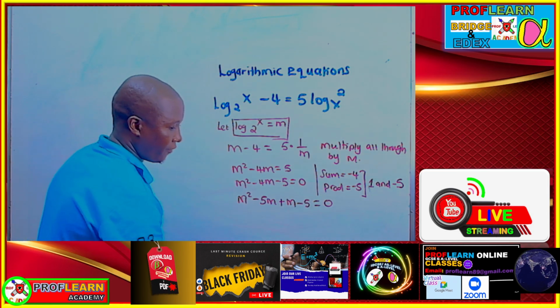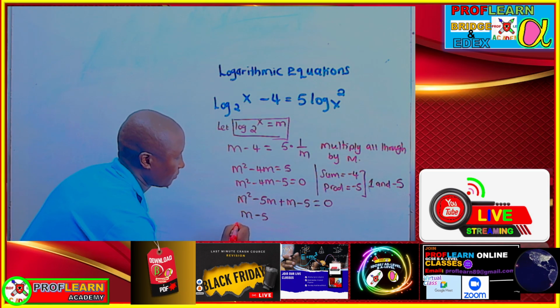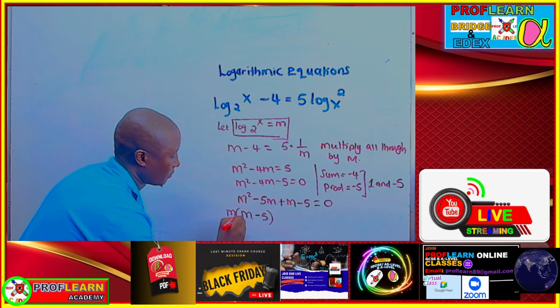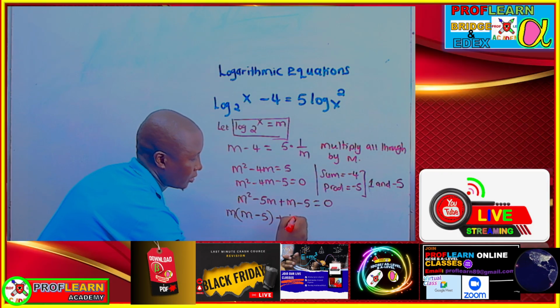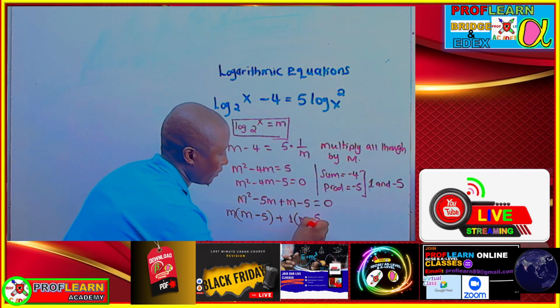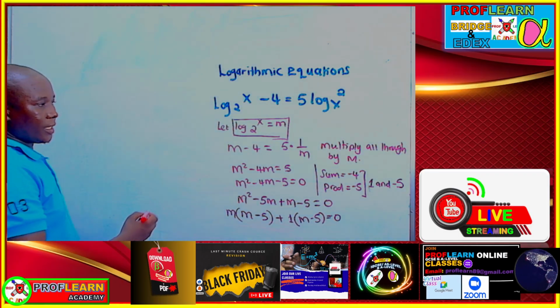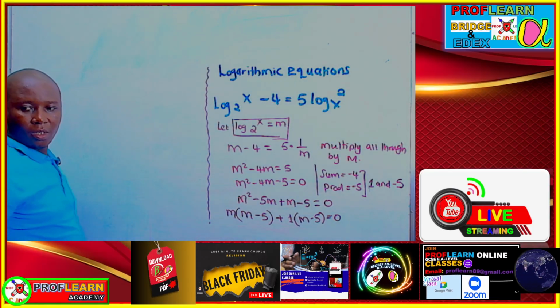So therefore we can say this is going to be m minus 5. We can factor m out, plus 1 factored out for these two. We are going to have m minus 5 is equals to 0 at that level. Then we can now go ahead in order to solve for this.